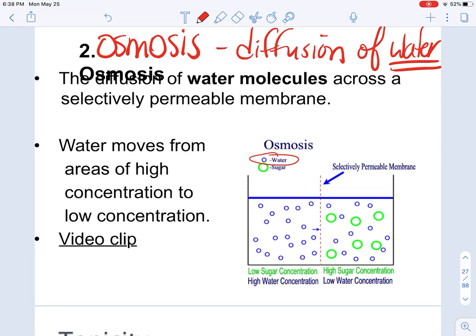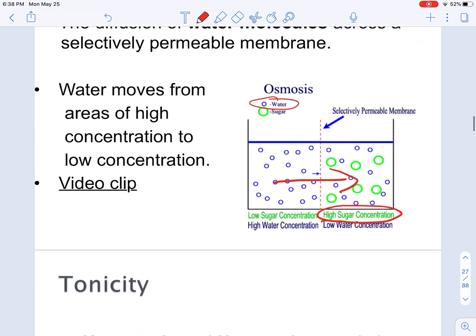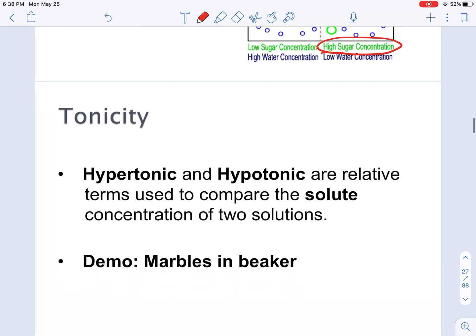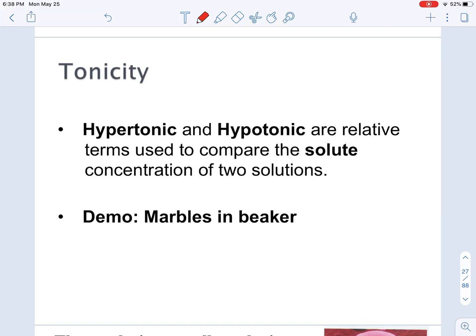So water being the blue molecule here, you'll see that it's always going to try to move to where there's less water. Another way to look at this is that it's always going to try to dilute more concentrated areas. So water is known to go into the sugar, you can think of it that way, to try to dilute the highly concentrated sugar zone.